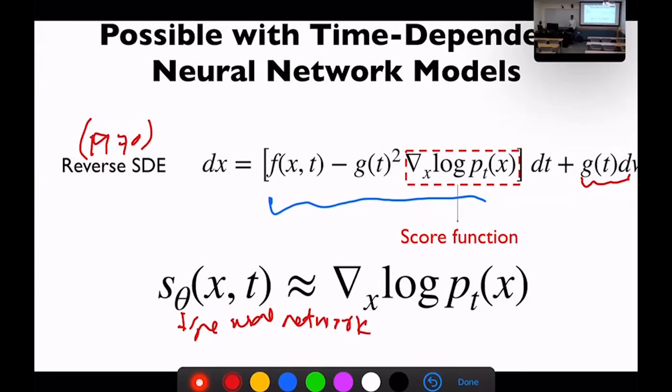If we know the score function, then we can train a neural network so that at each time point, we know what drift function to kill off, and then use that in the stochastic equation.